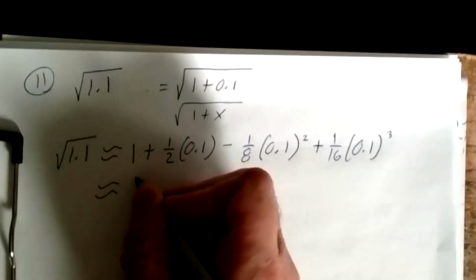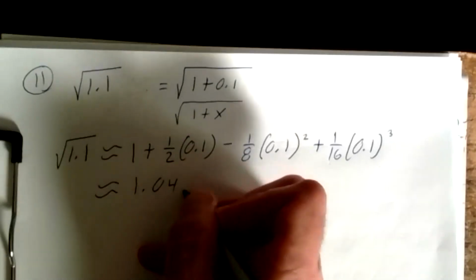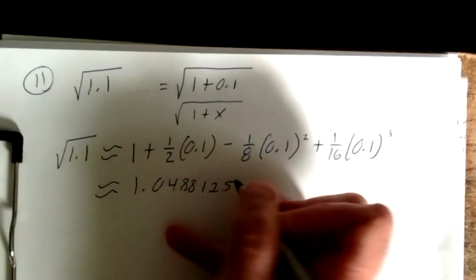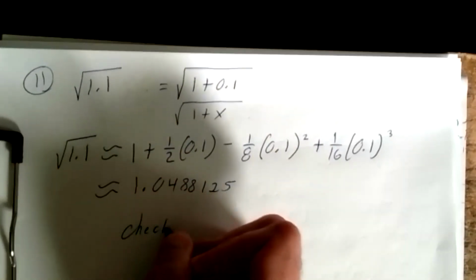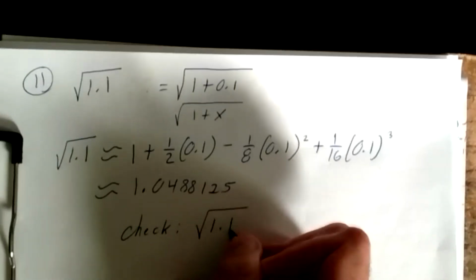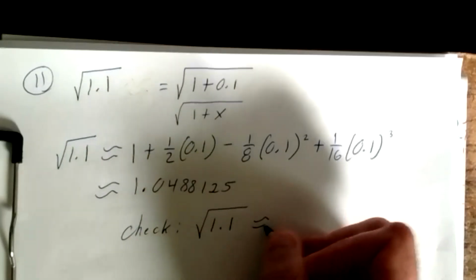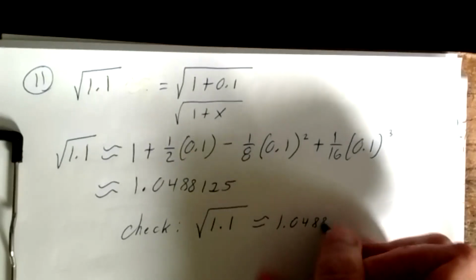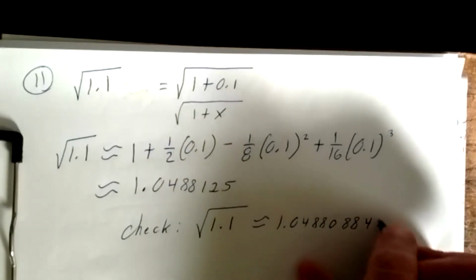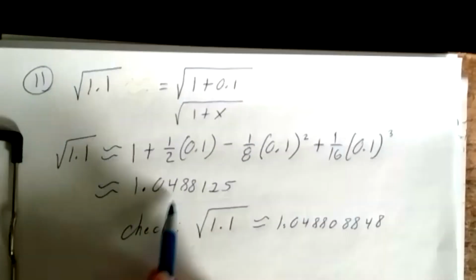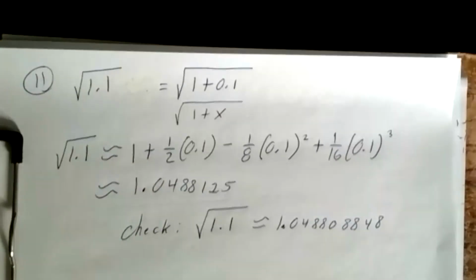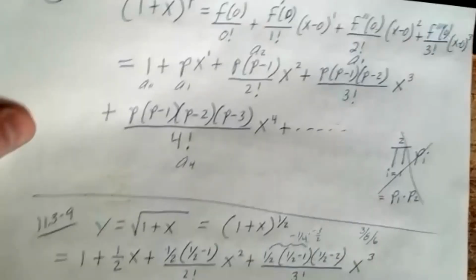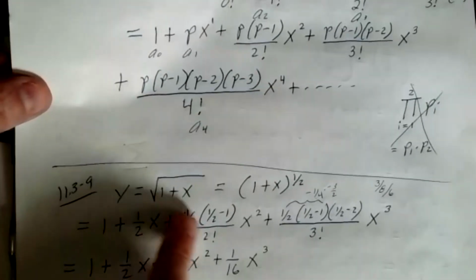And what I'm getting is about 1.0488125, which when you take the square root of 1.1, you do get approximately 1.0488088848. So you can see that we're pretty darn close. Do you agree? And so there we go. We have approximated the square root of 1.1 by using our power series expansion for the square root of 1 plus x.